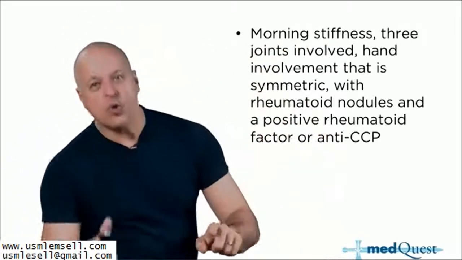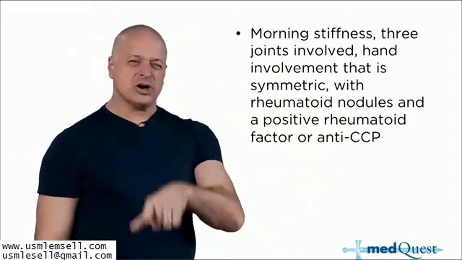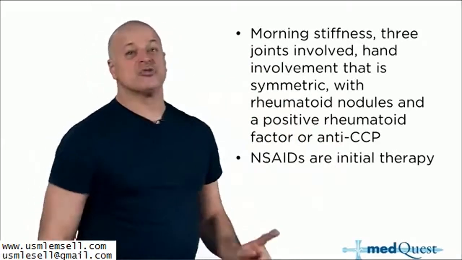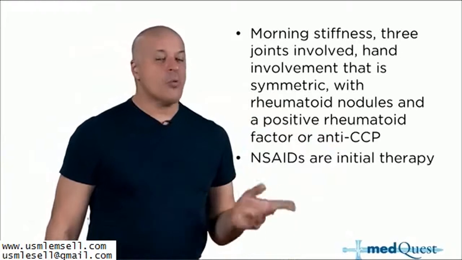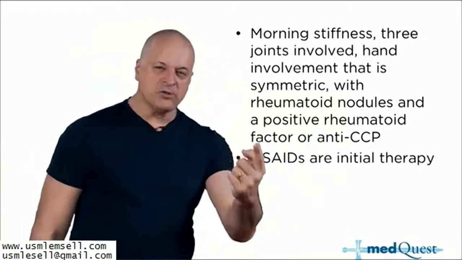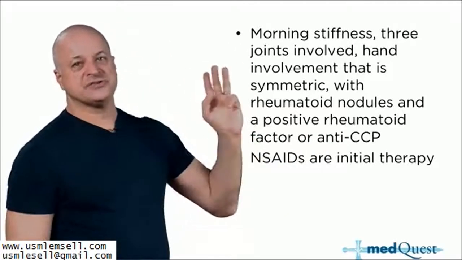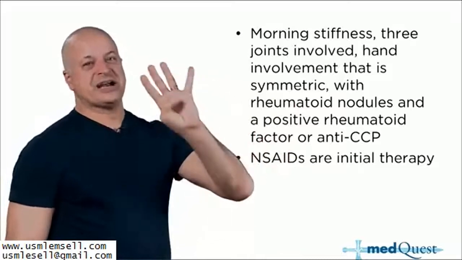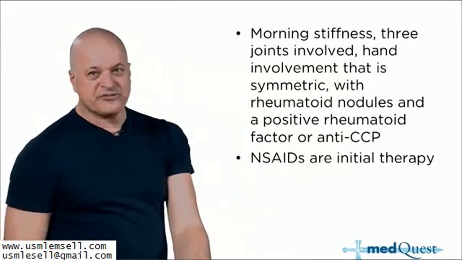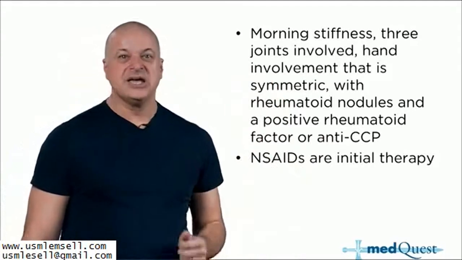Rheumatoid factor or cyclic citrullinated peptide. One thing alone does not diagnose RA. Multiple joints, long duration of stiffness, long duration of disease, sed rate or C-reactive protein, rheumatoid factor or cyclic citrullinated peptide. That's all a mouthful, isn't it?